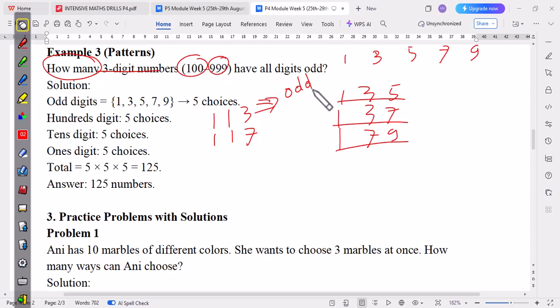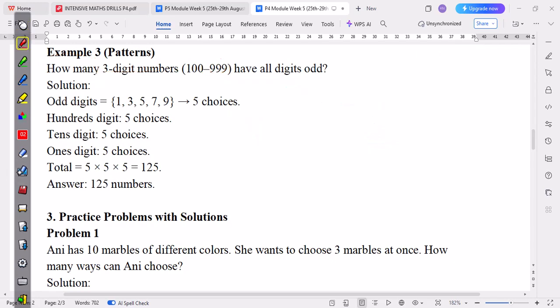So let's make a range from 100 until 999. For the hundreds place, we will have 100, 300, 500, 700, and 900.